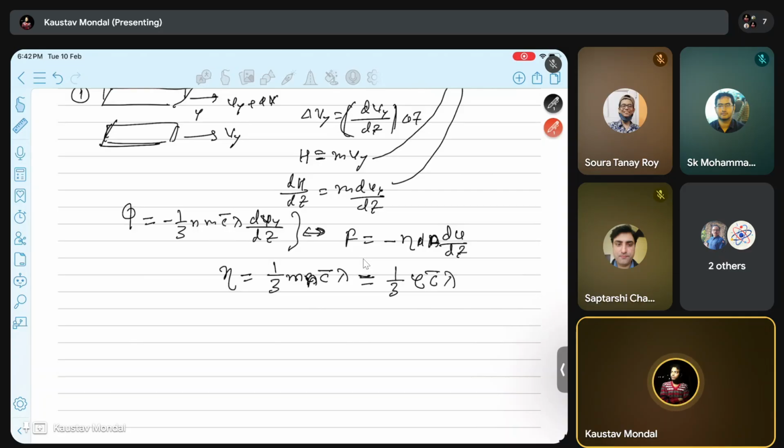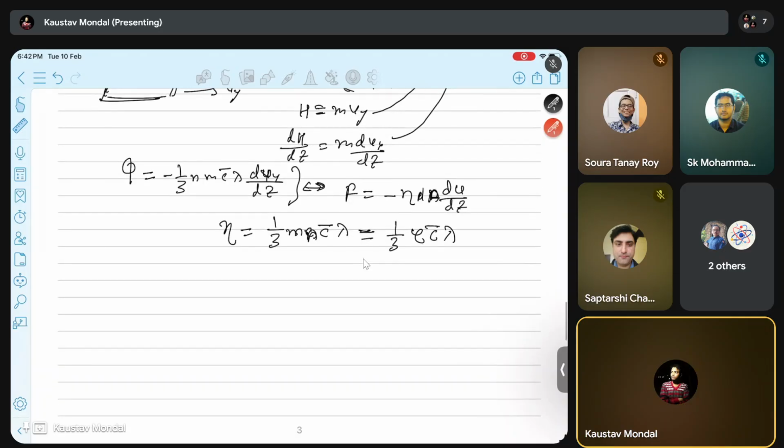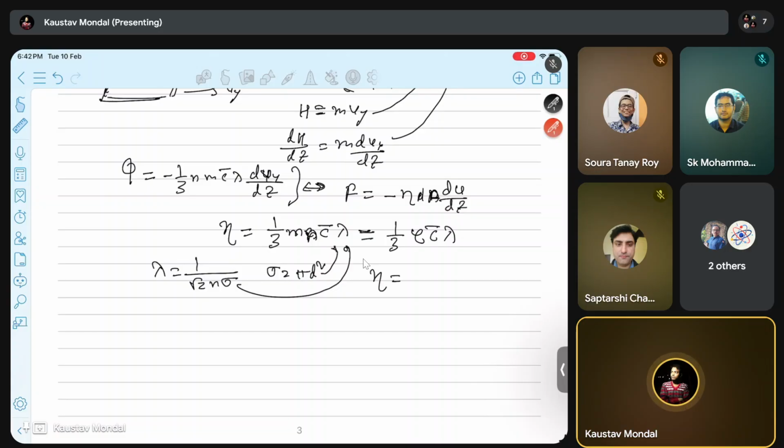The expression of lambda you already know, lambda is 1/(root 2 n sigma), and sigma is pi d square. If you substitute these two quantities, we will be getting the expression of eta as m c bar into root 3 by 2 pi d square, with n canceling.